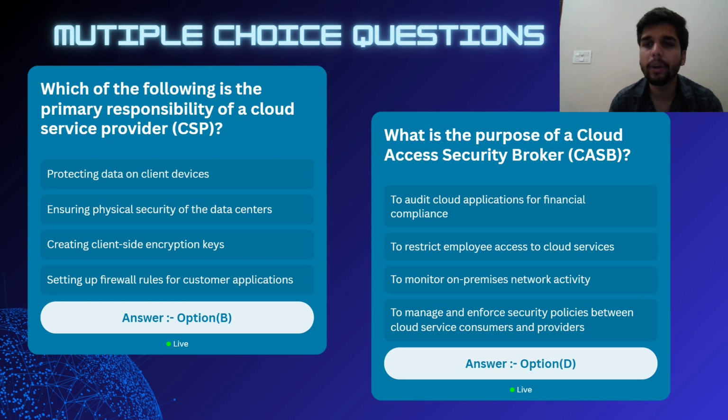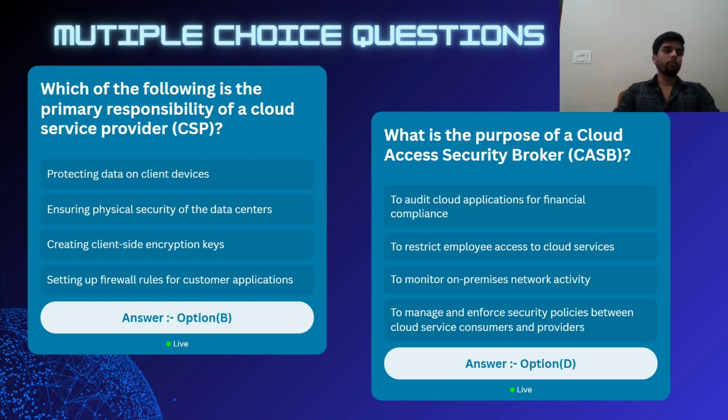What is the purpose of a cloud access security broker? To audit cloud application for financial compliance, to restrict employee access to cloud services, to monitor on-premises network activity, to manage and enforce security policies between cloud service consumer and provider.